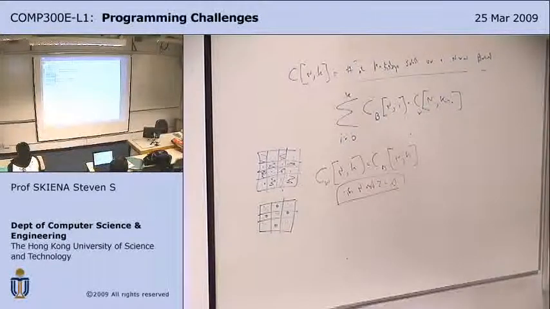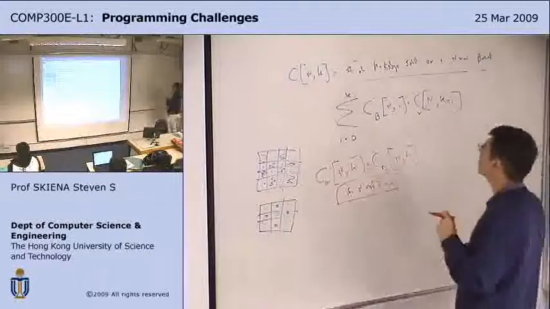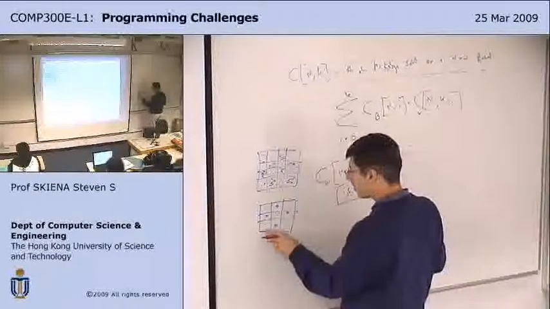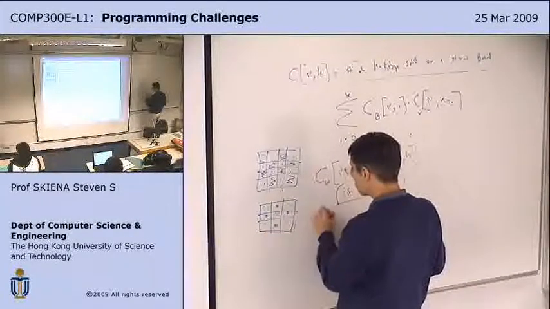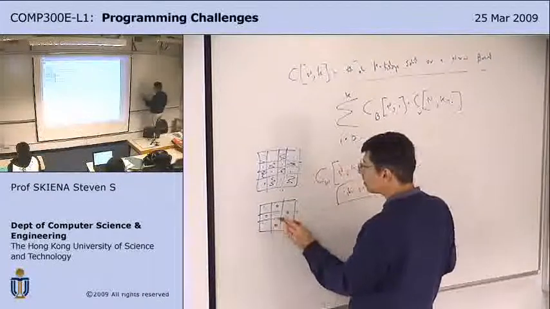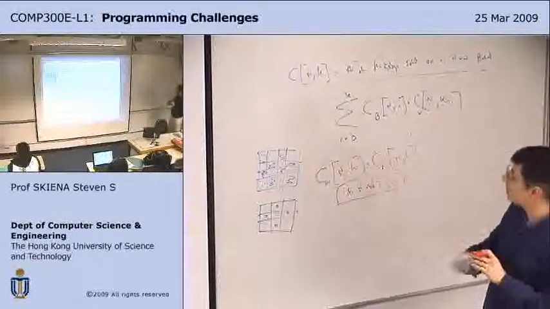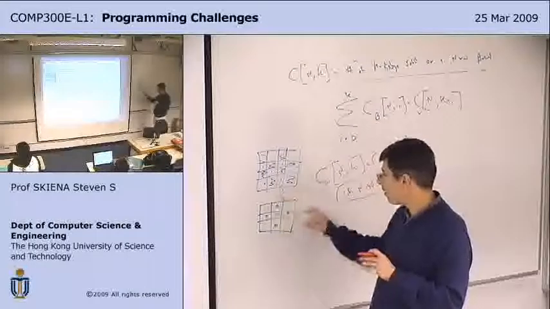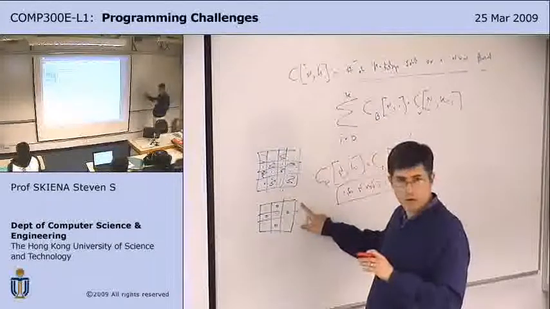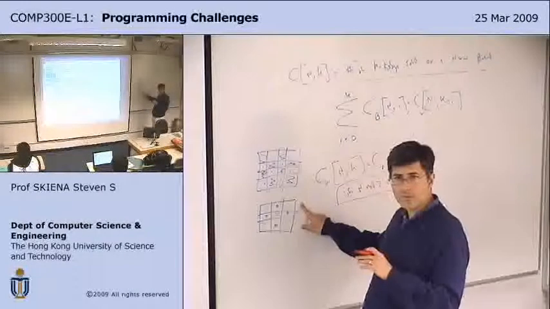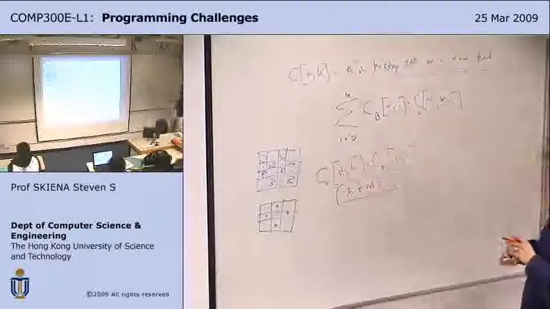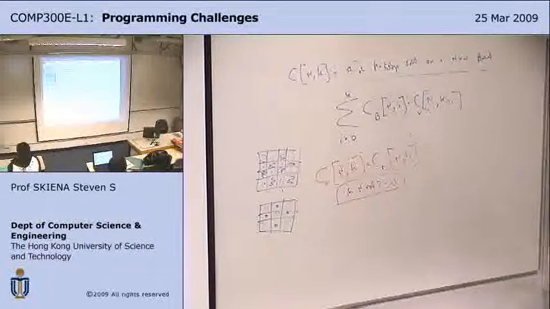The basis case would seem to be, you could presumably count out what C white and C small are for very small values. Do we have enough information now to complete doing this by dynamic programming?